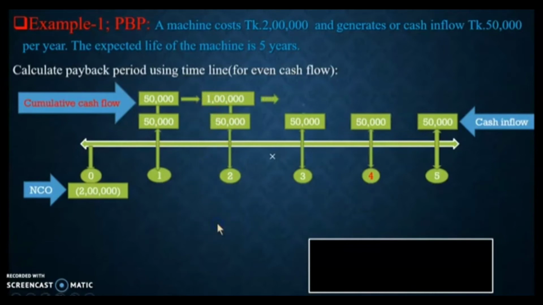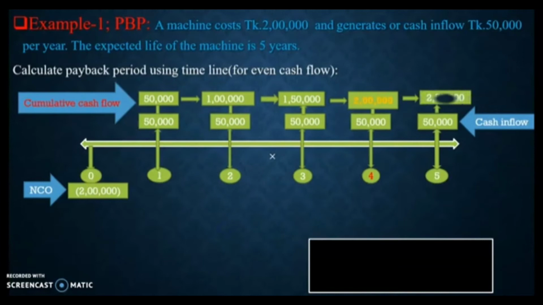The third year cumulative cash flow will be taka 1,50,000, the fourth year cumulative cash flow will be taka 2 lakhs, and the fifth year cumulative cash flow will be taka 2,50,000.